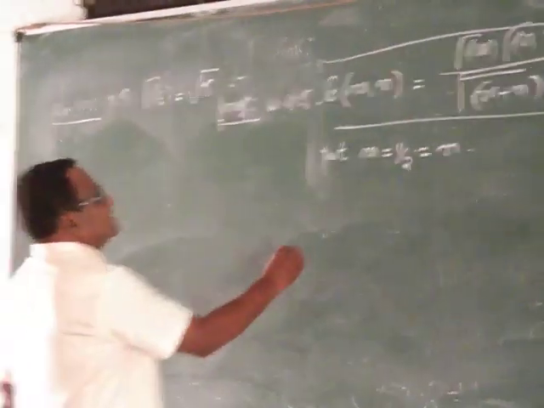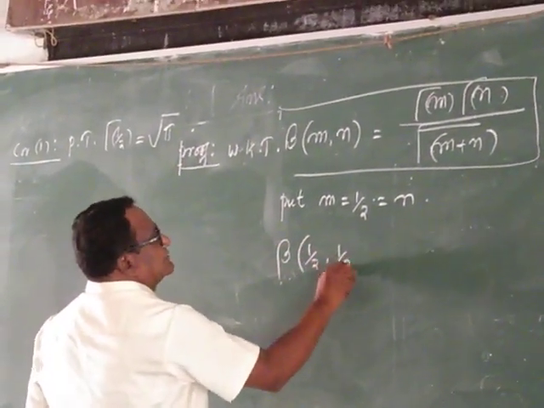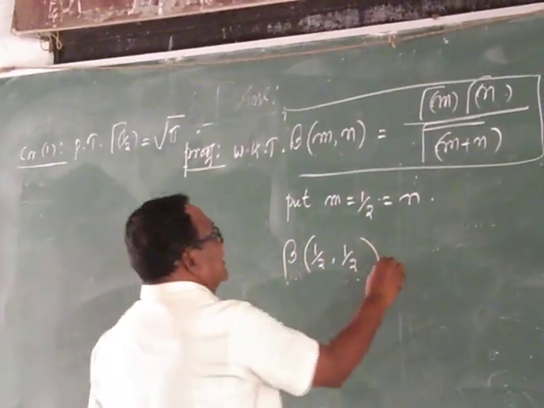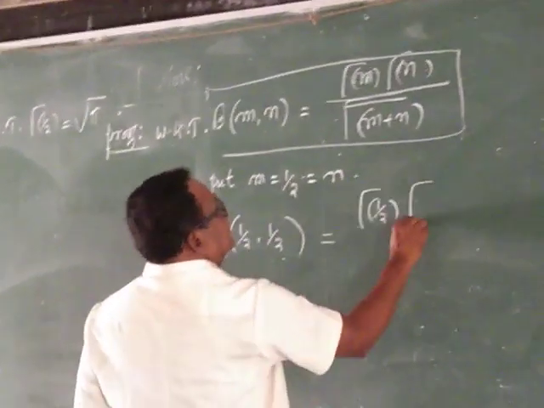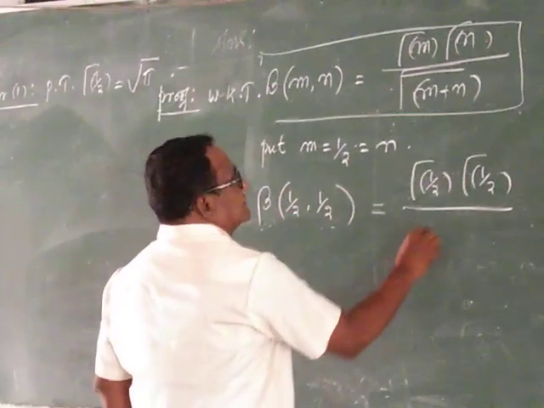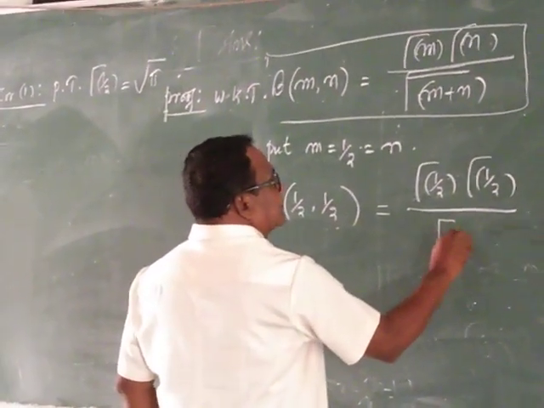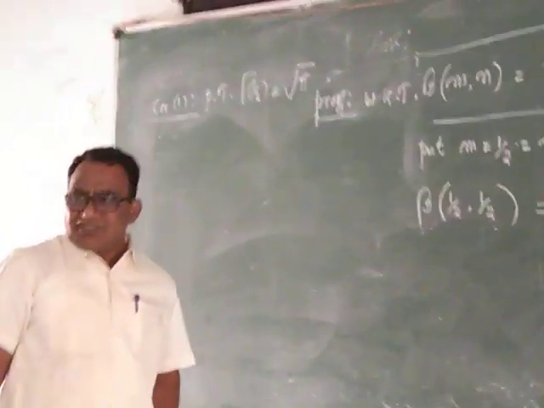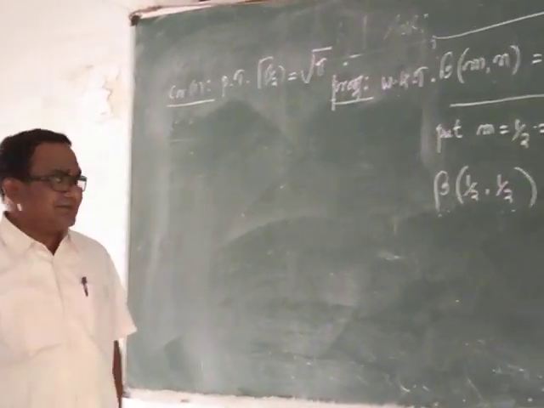Then what happens? Beta half comma half is equal to gamma half into gamma half divided by gamma m plus n. Half plus half is 1, and of course we have the result gamma 1 is equal to 1.